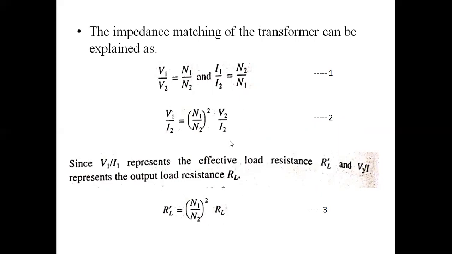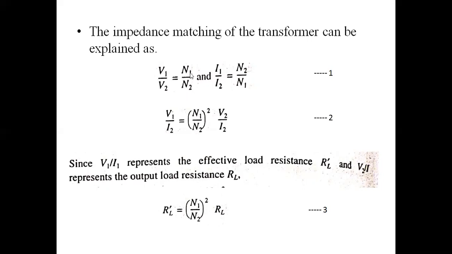Here N1, N2, V1, V2, I1 and I2 are the number of turns, voltages and currents respectively in the primary and secondary coil of the transformer.